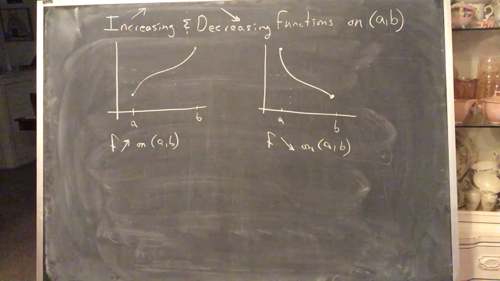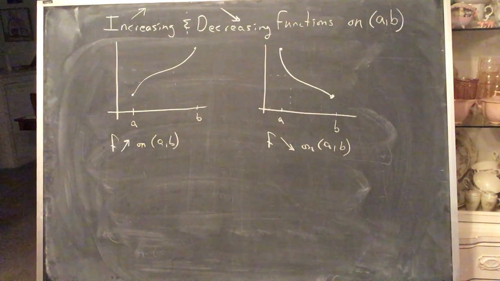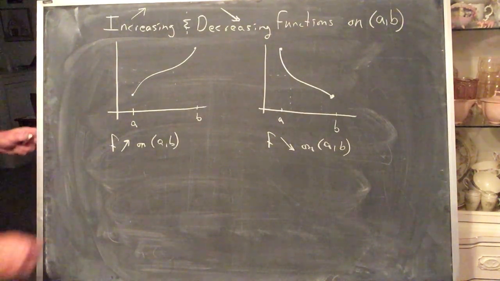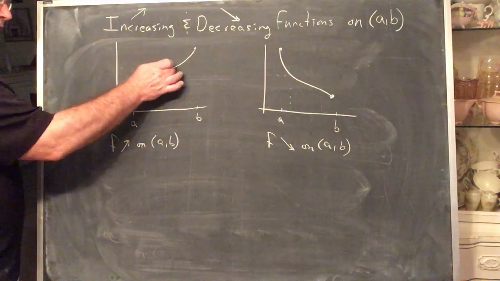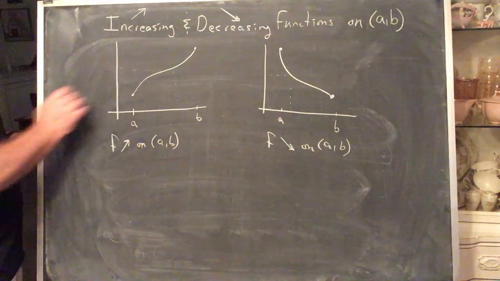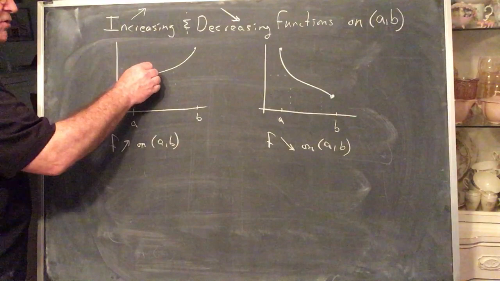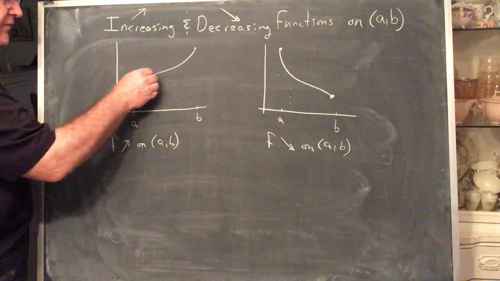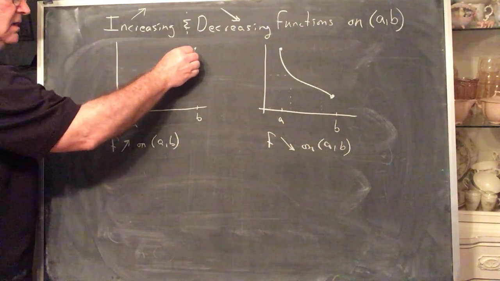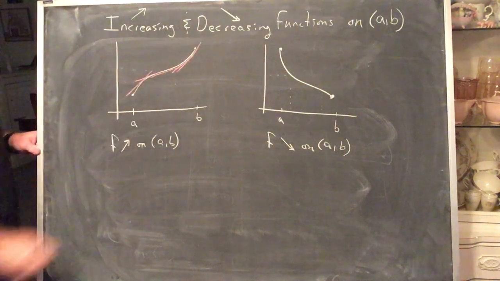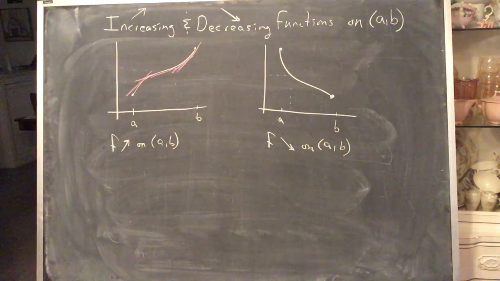But now let's think about how that plays with the calculus. I think it's not too hard to see that. Consider the tangent lines to this increasing curve. If I were to draw several of them in, at several different points, all those tangent lines have something in common.